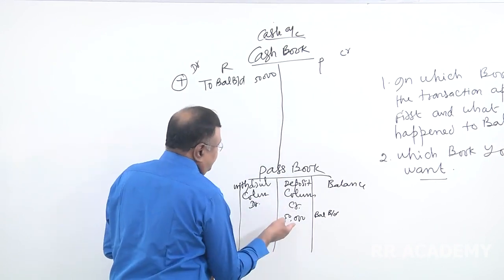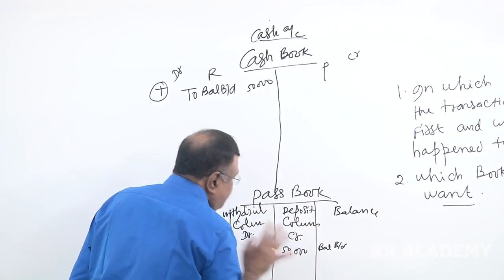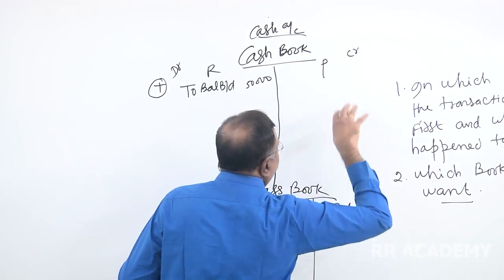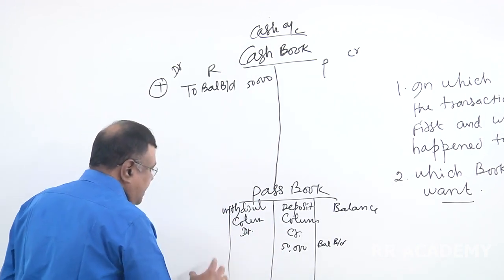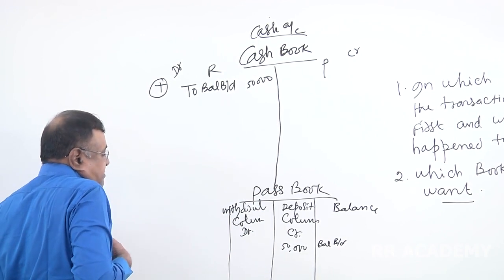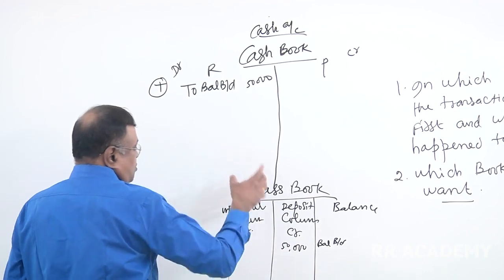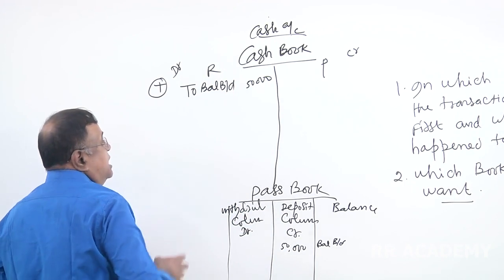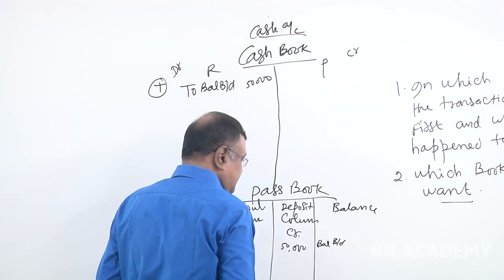Here it is called debit balance, here it is called credit balance. If cash book shows a credit balance, it means overdraft. If passbook shows a debit balance, it means overdraft. That means we have drawn more money from the bank. We have given more withdrawals. Normally deposits and receipts will be more. If payments are more, it is overdraft.